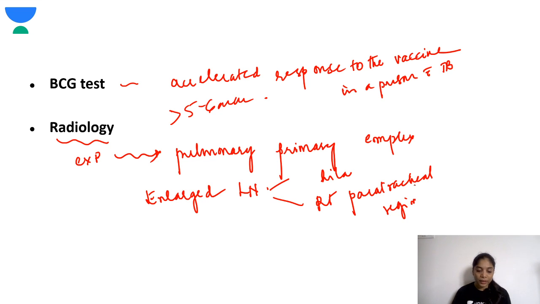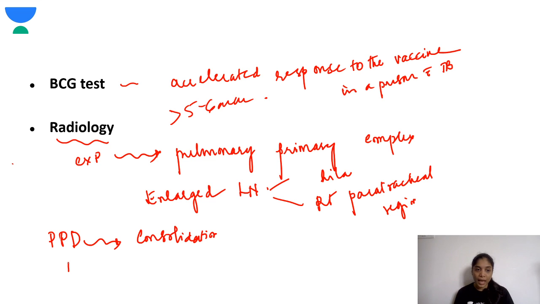There could be adenopathy. Now sometimes in progressive pulmonary disease, there could be heterogeneous patches, consolidation. There will be a lot of consolidations, and the margins are poorly demarcated. So that can be seen.